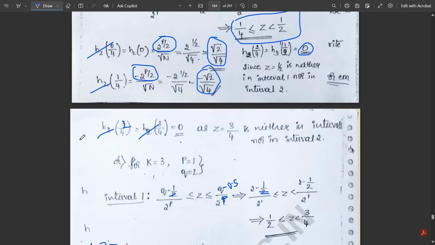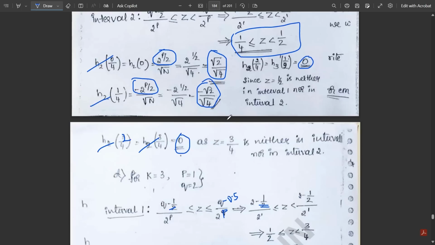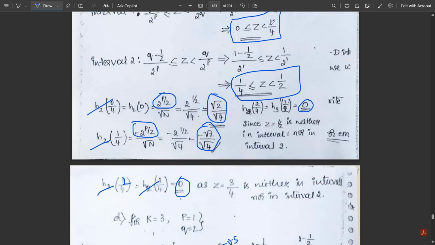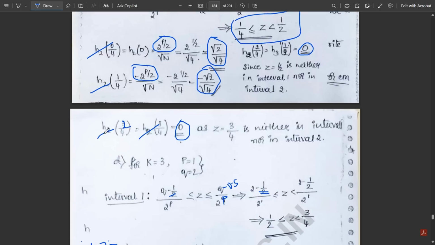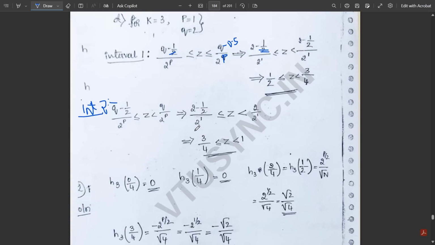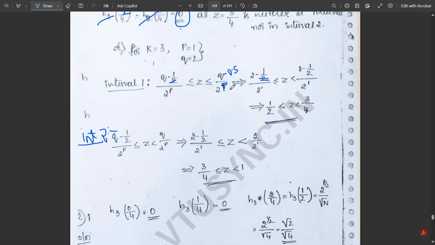So that's why you should automatically write h2 of 2 by 4 and h2 of 3 by 4 is equal to 0, because the Z value is not in the range which we have simplified. Okay. So that's why h2 of 2 by 4 and h2 of 3 by 4 are directly equal to 0. Similarly, solve for the fourth interval.